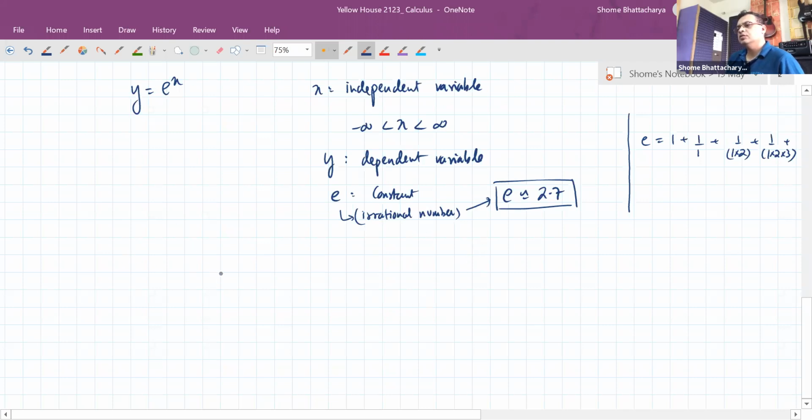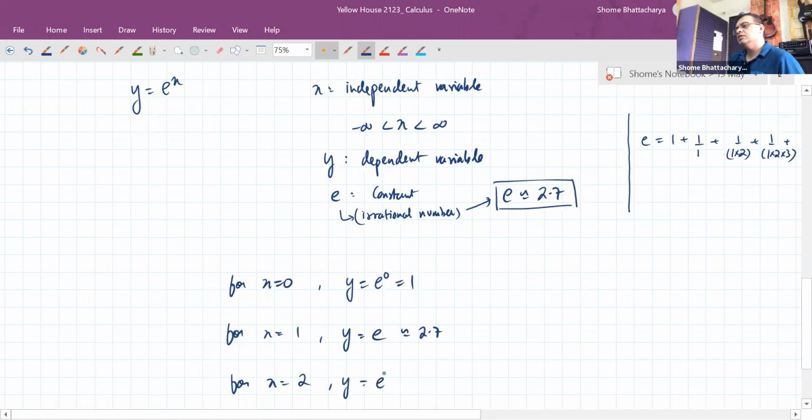Okay. So for this function, for example, for x equal to 0, the value of y is 1. For x equal to 1, the value of y is e. For x equal to, let's say, 2, the value of y is e square, which will be something like 8.78. Okay. For x equal to minus 1, the value of y is going to be 1 by e, which will be something like this.